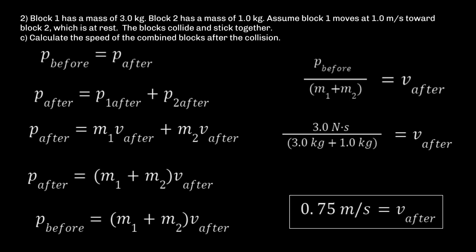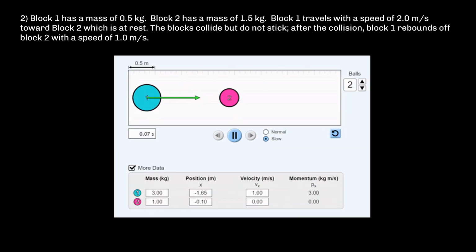Again, we're going to go ahead and test this on the next slide in my simulation. I made a GIF of that again in order to make sure that physics does work, and you should end up getting 0.75 meters per second. So look at my velocity here on the very bottom. I'm going to circle this once more. This is a simulation from PhET.